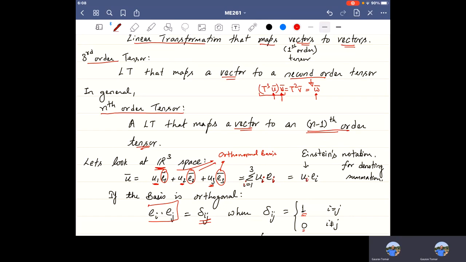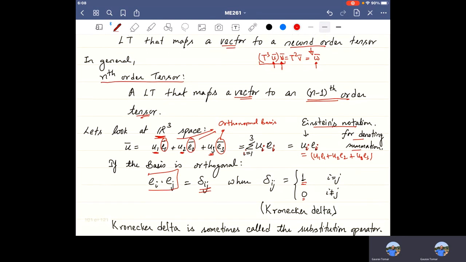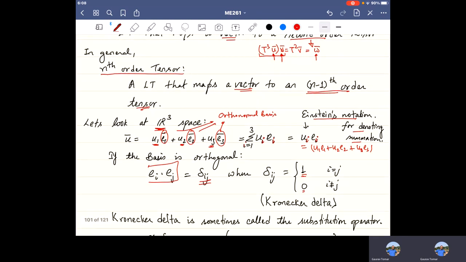So he said that if an index is repeated, it by default means summation. That's the Einstein notation. Whenever you see a repeated index, it means it's going to run from 1 to 3, and it's going to be u1 e1, u2 e2, u3 e3. So the representation is condensed, and the algebra that you have to do becomes less tedious.